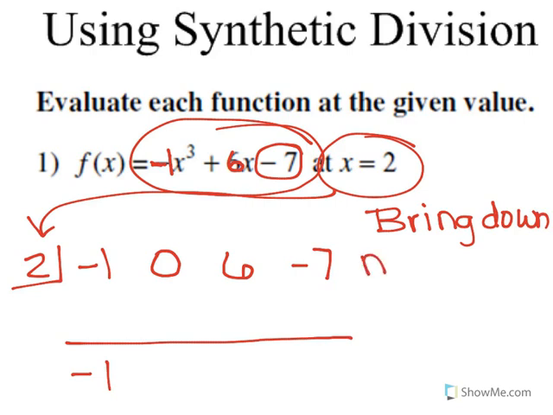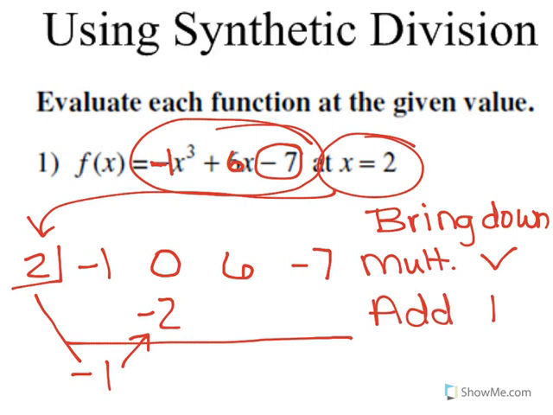And remember, you multiply in a V pattern like that. So you're going to multiply -2 times -1, and your answer is going to go under the next number, which is the 0. So -2 times -1 is -2. Then we add our columns.